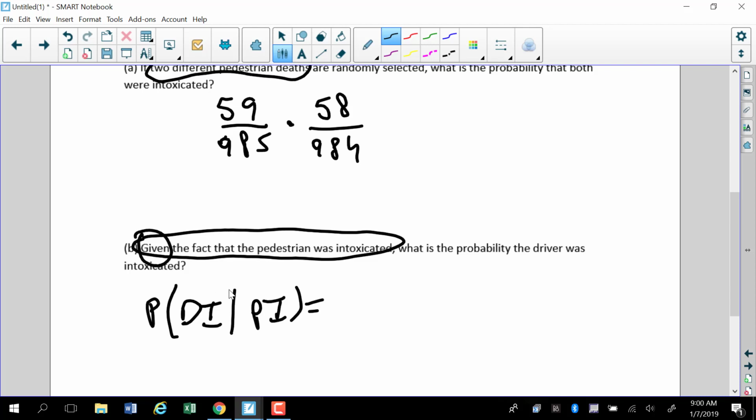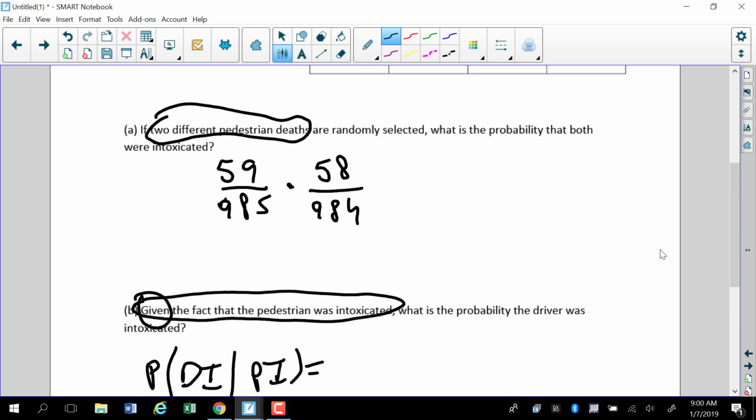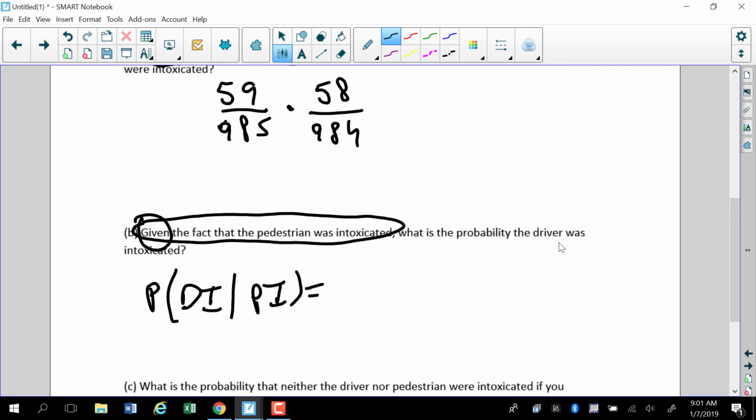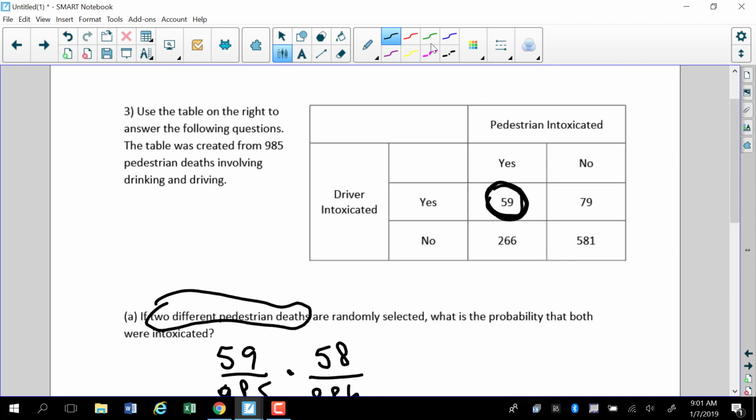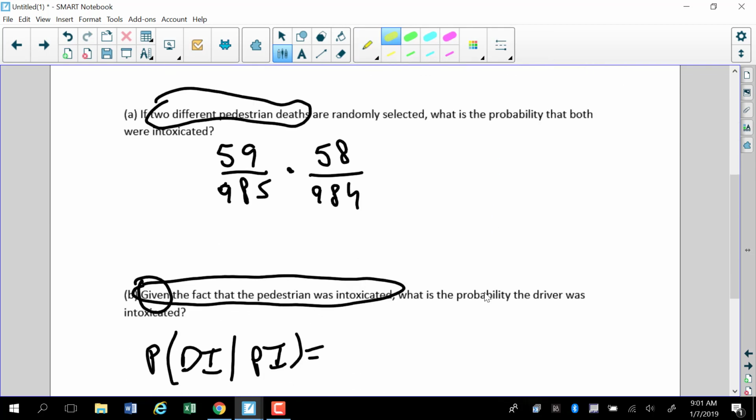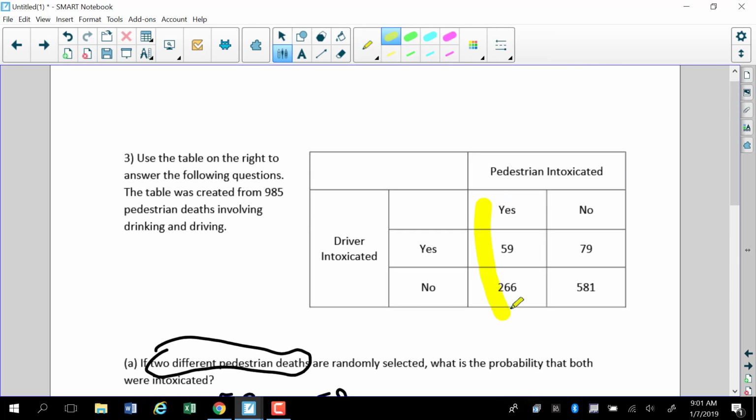Now, I'm not going to use the formula because most of the time when we do a given or conditional probability, these charts are a lot better. So what's the probability that the driver was intoxicated given the fact that the pedestrian was? So really, the way I like to do these problems is I like to use the highlighter. So given that the pedestrian was intoxicated, we're only looking at this section right here.